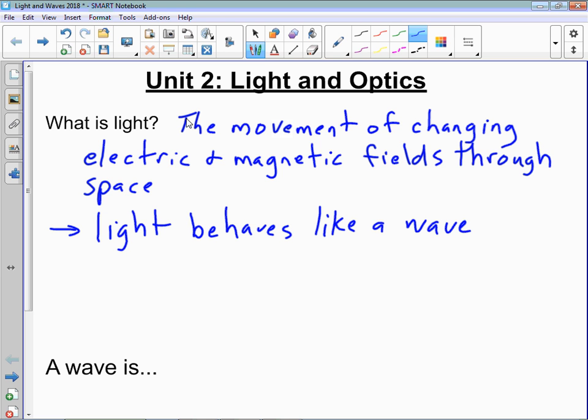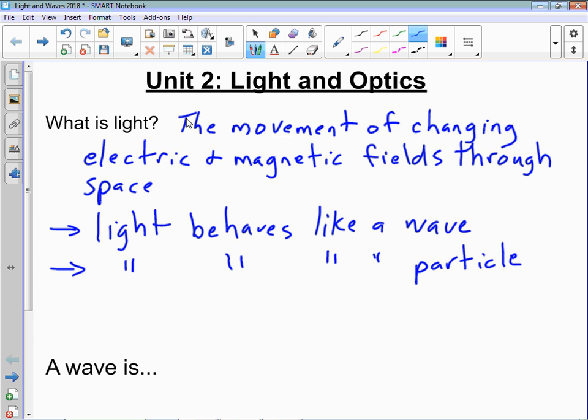Well, yeah, usually. Most of the time, it behaves like a wave. But we can also say that light behaves like a particle. That's true sometimes as well, maybe not as easy for us to observe, but it is true, and this is what baffled physicists about light for the longest time.